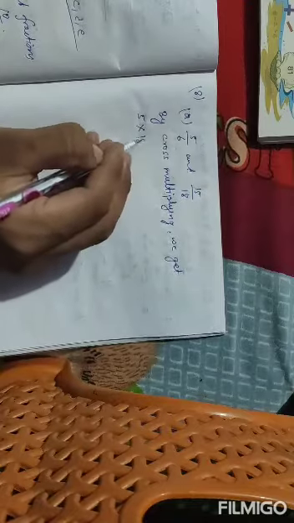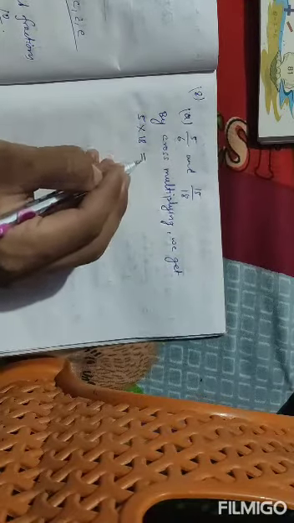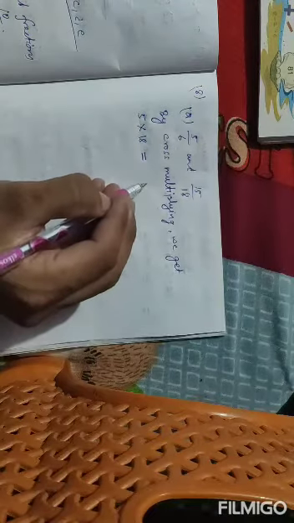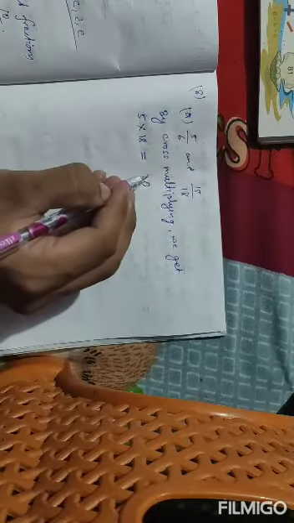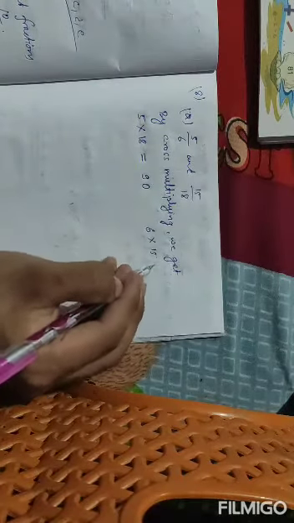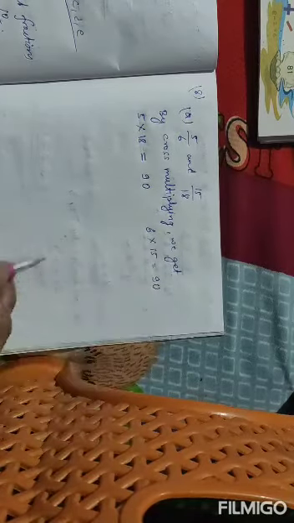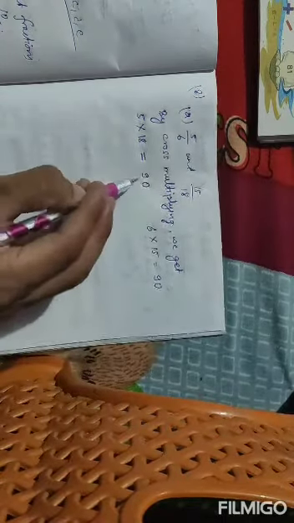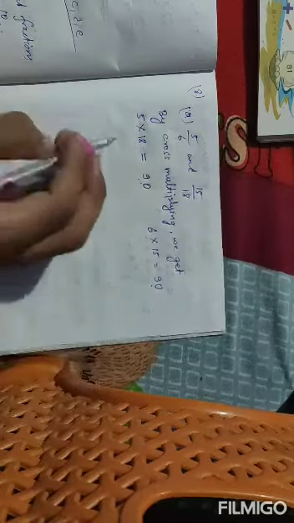We get 5 into 18 equals how much? If you multiply 5 into 18, you get 90. And 6 into 15 equals again 90, isn't it? See, you got equal. This is 90, this is also 90. So what will you write?